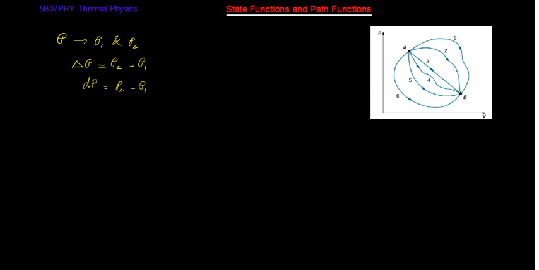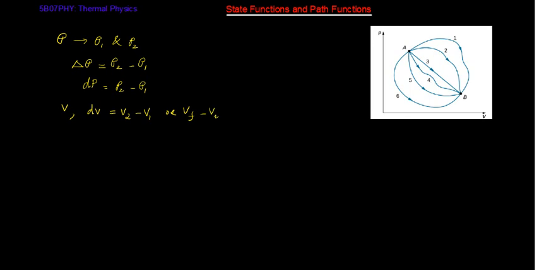In the same manner, you consider a quantity like volume. So, if V is the volume, then I can write the infinitesimal change in volume by dV. And this dV will be written as simply V2 minus V1, or it can be written as V final minus V initial.